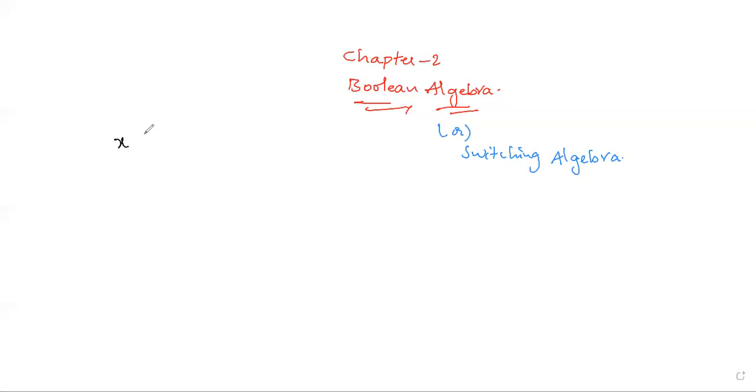See, a variable used in Boolean algebra or a Boolean equation can have only two possible values, that is true or false.